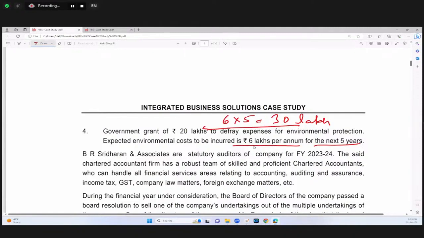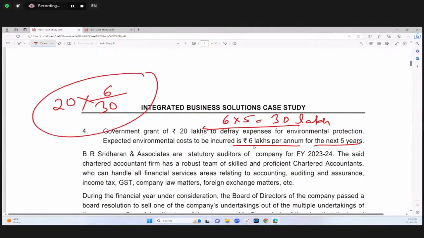So 30 lakh is the total expense, out of which 6 lakhs will be incurred every year. So on the basis of 20 lakhs into 6 by 30, you will calculate the proportionate grant to be recognized in the statement of profit and loss every year. This amount comes to 4 lakh rupees.